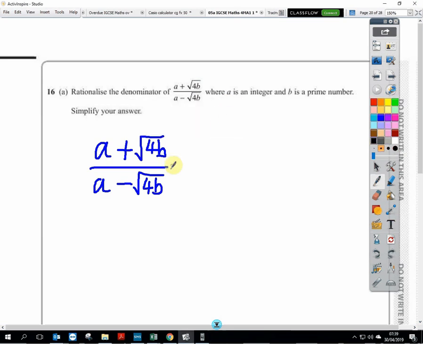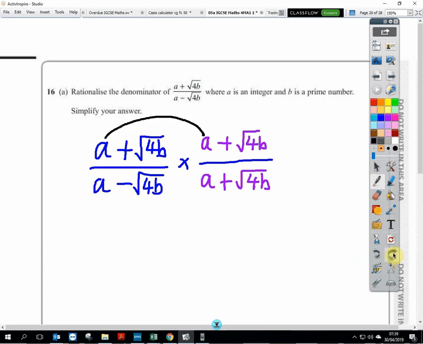Okay, what we need to do with this question is multiply the top and bottom of this fraction by the conjugate of the denominator. The conjugate of the denominator is the same denominator but with the opposite sign. So we're going to multiply by a plus 4 root 4b over a plus root 4b.